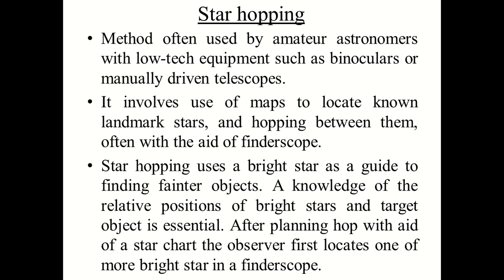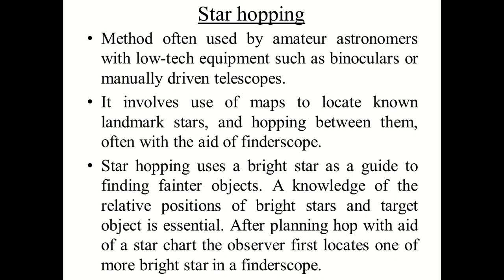Because of its simplicity, star hopping is a very common method for finding objects that are close to naked eye stars. That is, star hopping uses bright stars as a guide to finding fainter objects. A knowledge of the relative position of bright stars and the target object is essential.